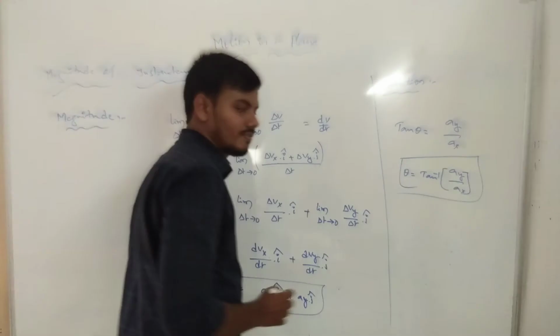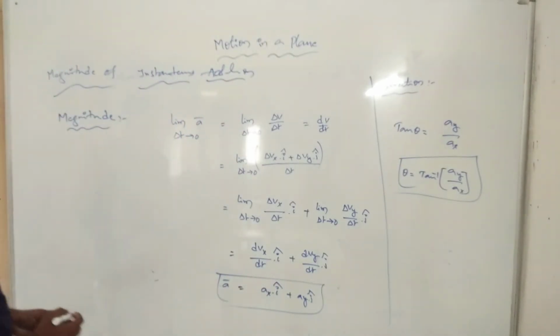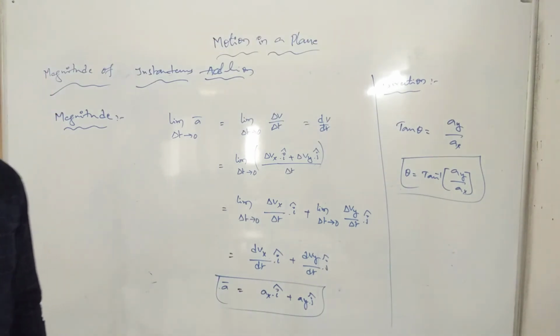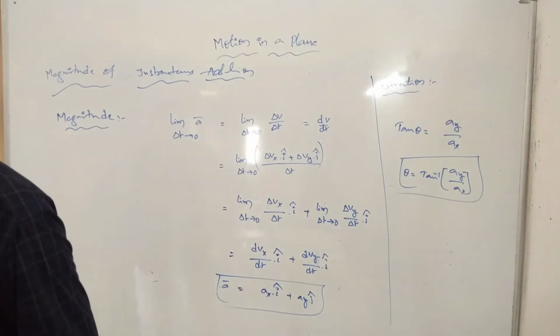Clearly, theta equals tan inverse of ay by ax. Now this is the direction of instantaneous acceleration. We know that the point we can take as, now this is the instantaneous acceleration. Clear?